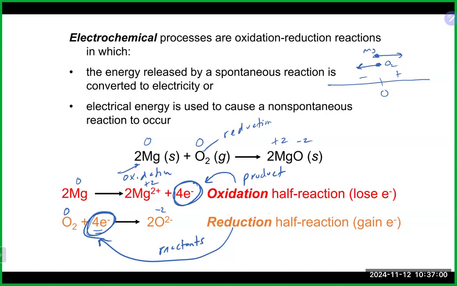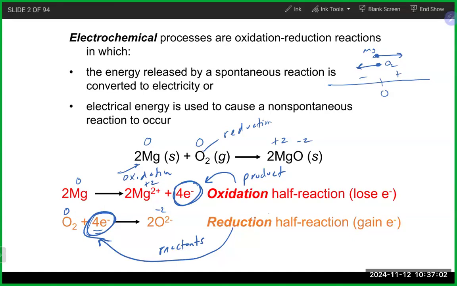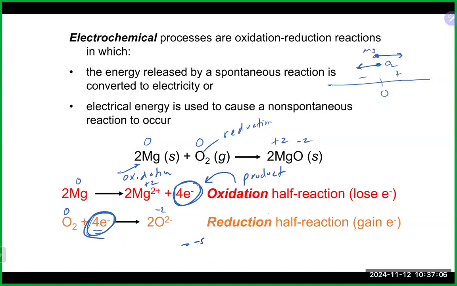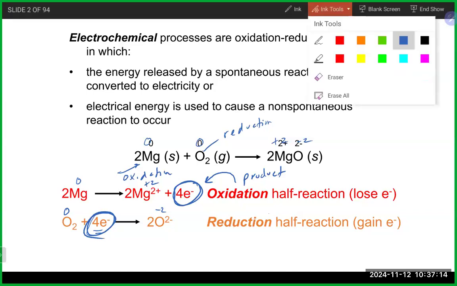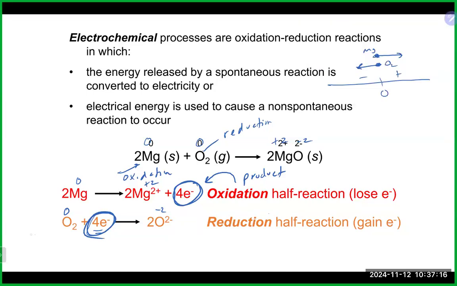These are obviously called half reactions because, frankly, if you add these guys together, you will get the overall reaction. So if we add these together, which you can do, by the way, as I just mentioned a second ago, you do need to make sure that these numbers are always the same before you add them together.